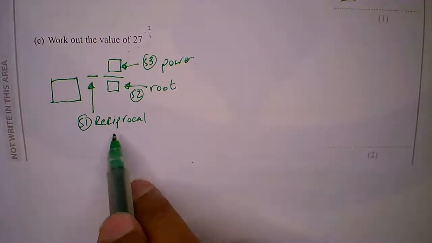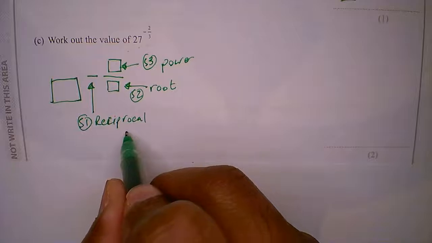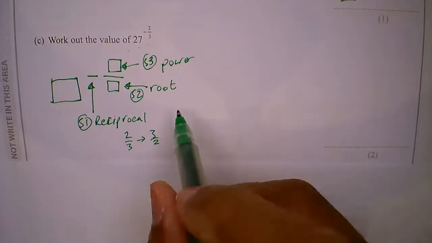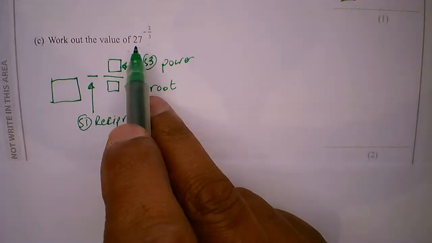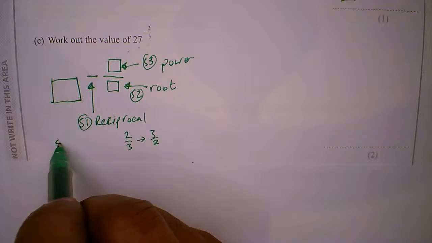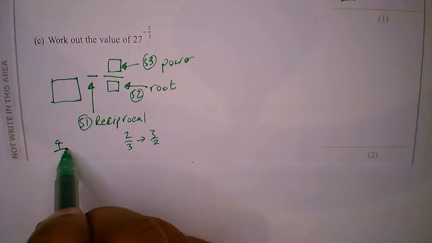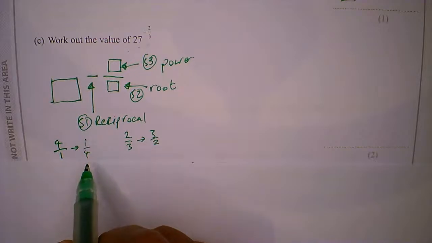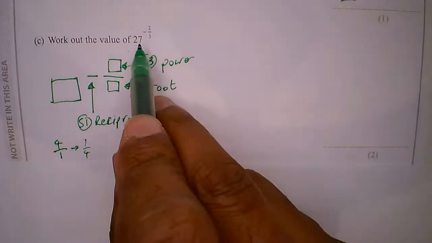Okay, so what does reciprocal mean? Reciprocal, if we have, for example, 2 over 3 becomes 3 over 2, we swap them. Now, if you have a number like, let me just make something up, 4. How do I turn this to a fraction? It's 4 over 1. The reciprocal of 4 over 1 is 1 over 4. So that's what I'm doing with this number here.